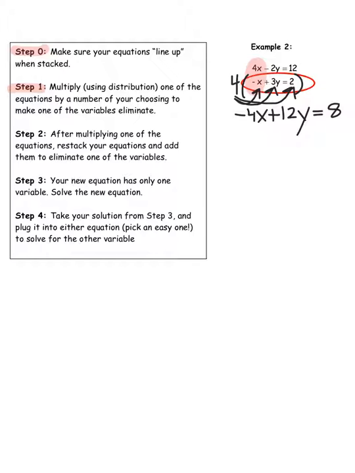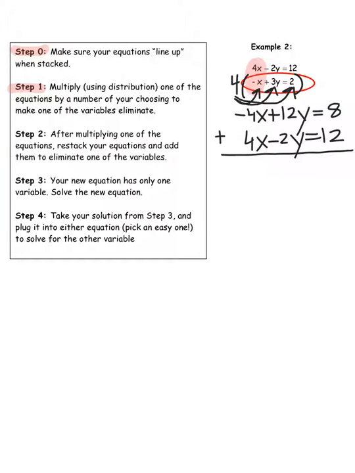Now I'm going to take this equation right here, my original, and just rewrite it down below. And that is 4x minus 2y equals 12. And the reason I multiplied by 4 is because when I add these equations, look what happens.